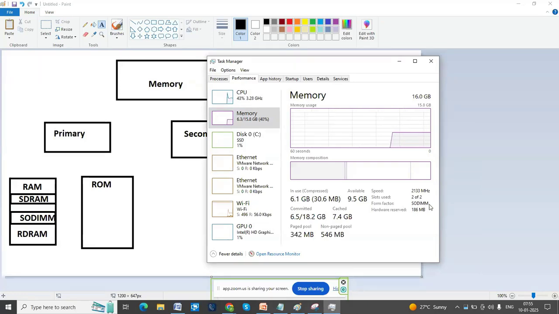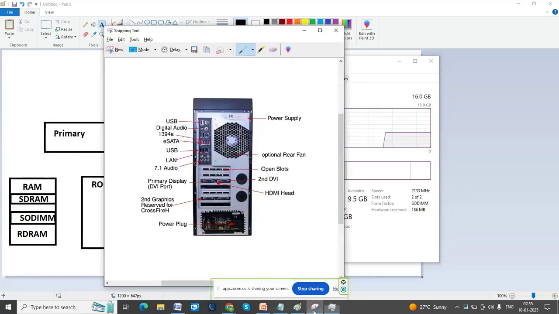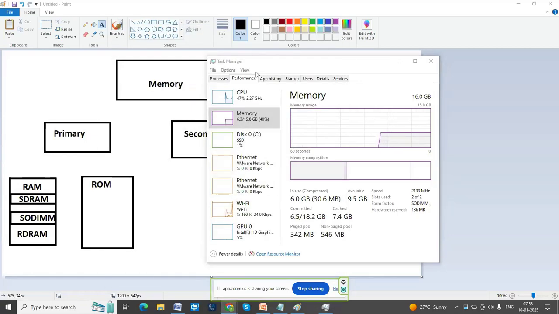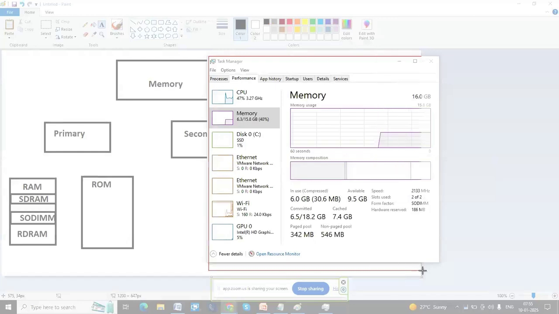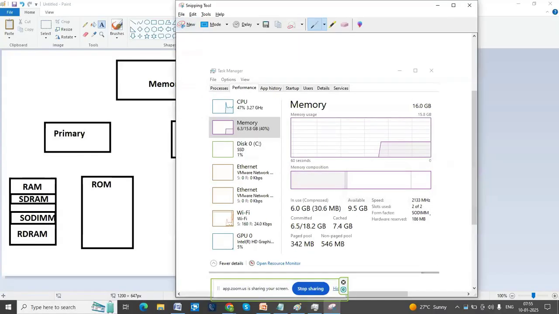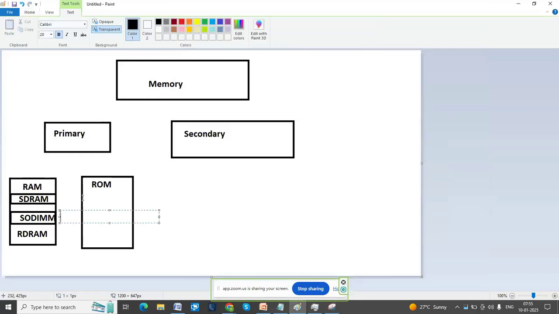I'll take a snapshot so you'll get to know that. I'll show you where this SODIMM comes. See, you can find it here. Are you seeing this? Yes, sir.